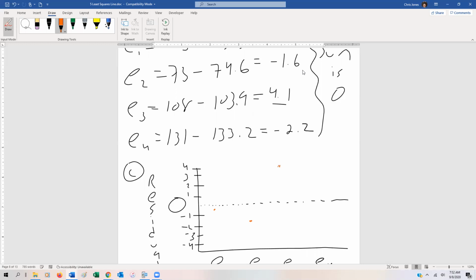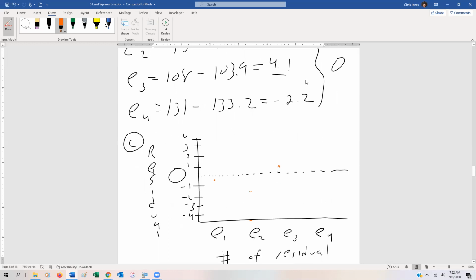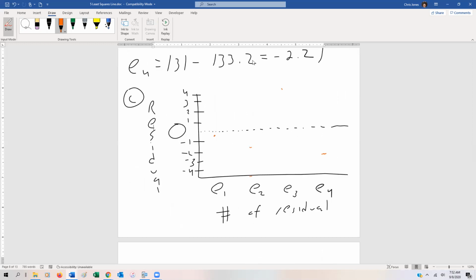And then finally negative 2.2, which is maybe right about down here. Not sure how that moved; I'll fix that in a minute. Word has a funny way of playing tricks on me. So this is that positive 4.1, and each of these are the residuals.